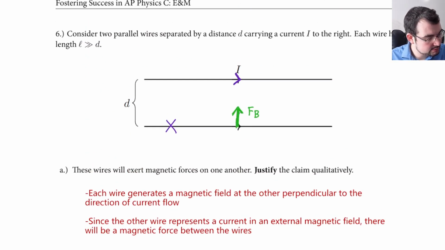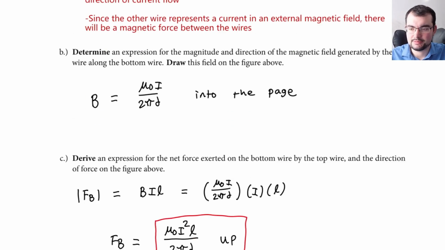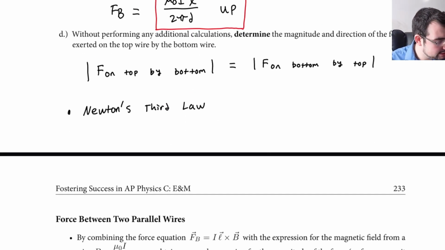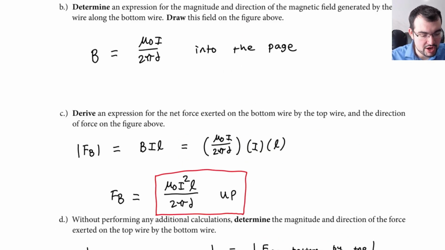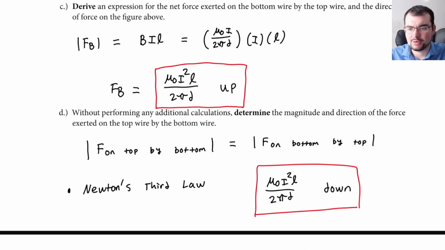So we would get a downward force on the top wire because they have to be equal yet opposite. I know some people don't like that language. I'm fine with it. So this is going to be mu naught I squared L over 2 pi d down. So notice these create a Newton's third law force pair. We have mu naught I squared L over 2 pi d up and mu naught I squared L over 2 pi d on the other object in the opposite direction.